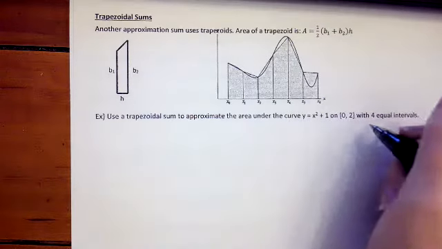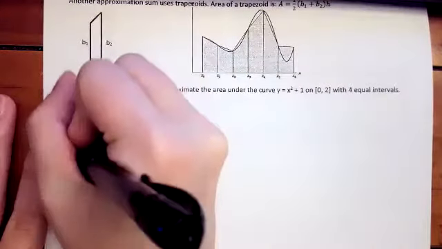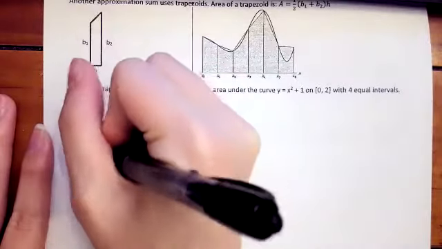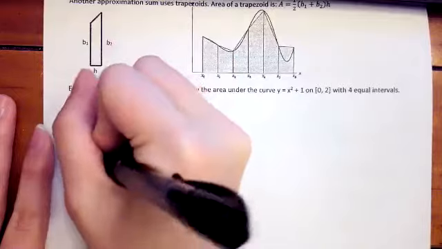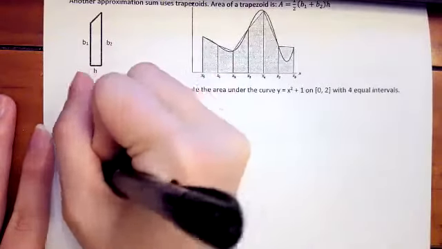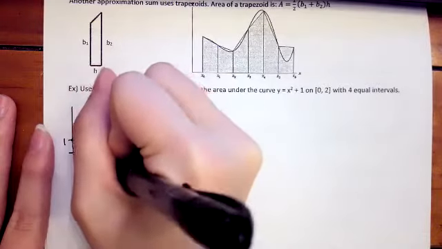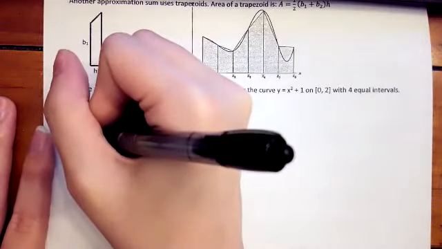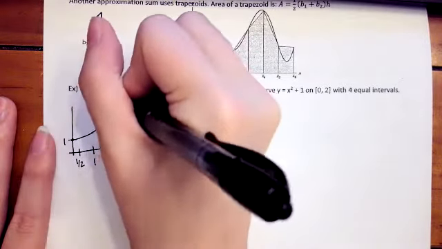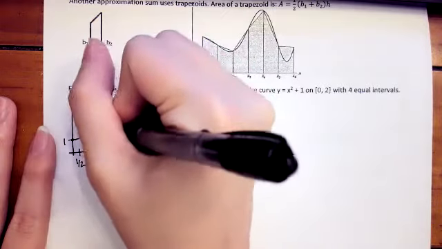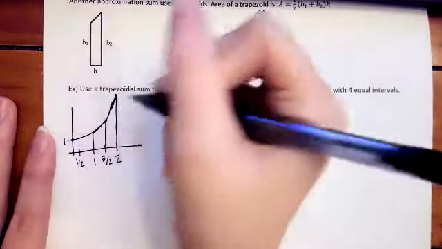So we're given the same equation, same subintervals. We want 4 subintervals, so 1/2, 3/2. Now my trapezoids are going to fit really close to the curve.